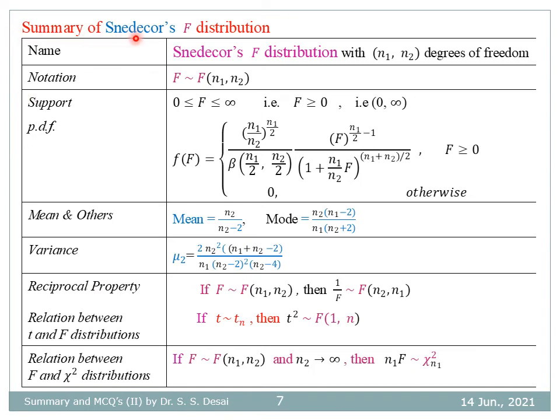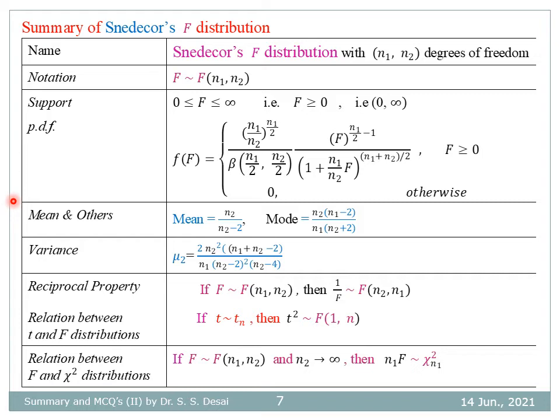So this is the summary of the F distribution. G.W. Snedecor defined the F distribution as a ratio of two sample variances in 1934.